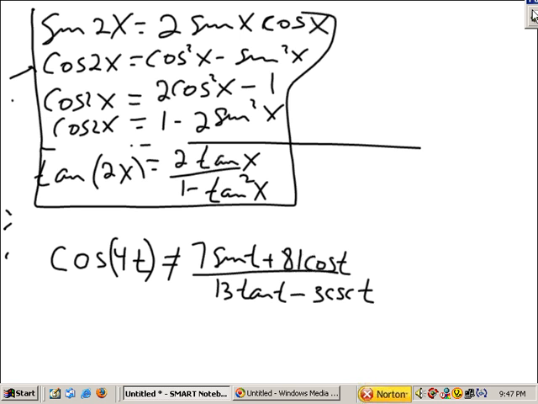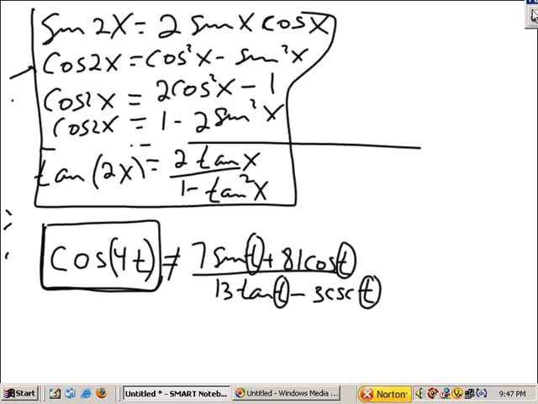Okay, it is not equal, trust me, but the point I'm making is the angle is now t. The problem is they're saying write something that equals cosine of 4t, but the angle is no longer 4t. Whatever the angles are, it should be t.